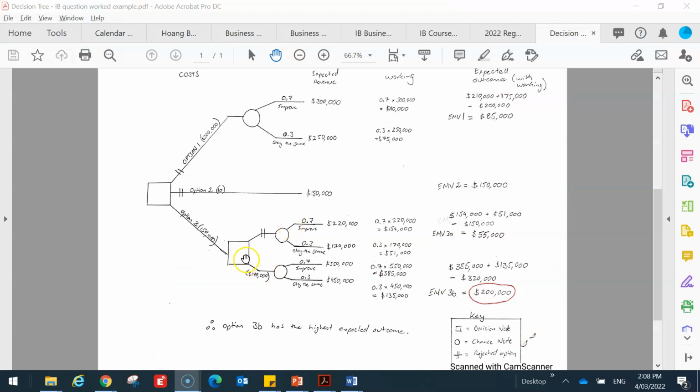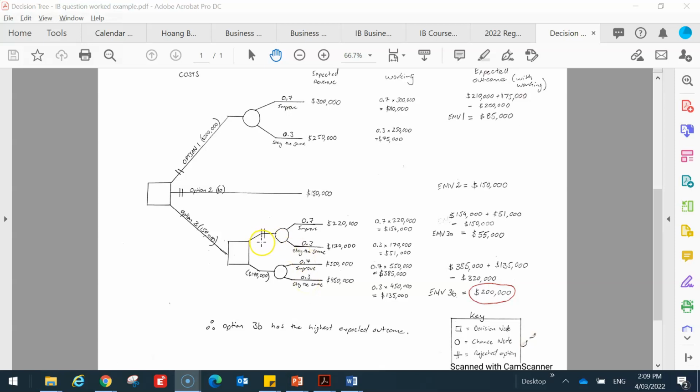Okay. Now, working across once again, we can see here, because we've got 3A and 3B to consider, we need another decision node. We're making a decision between each of those subcategories A and B. Okay, so decision node followed by a chance node, and again we see this 0.7, 0.3 comes up again, right?